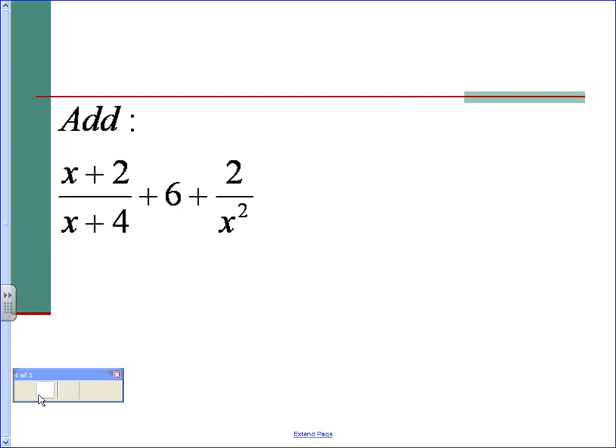If you can go ahead and do it by yourself. What is going to be the denominator for this one? You can make it x cubed plus 4x squared if you'd rather.